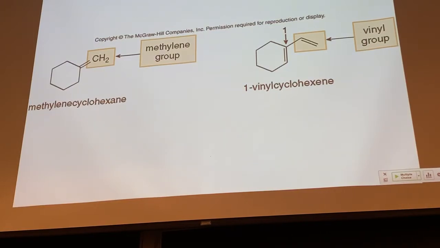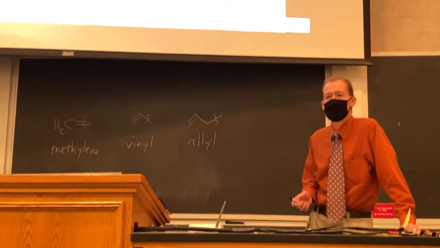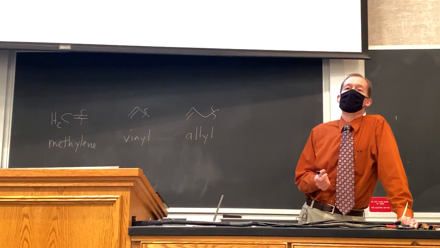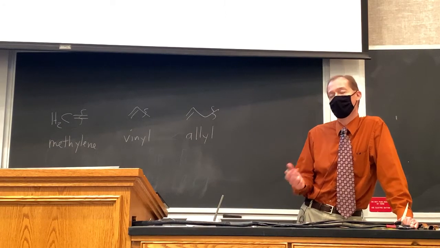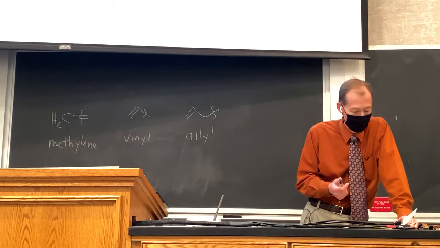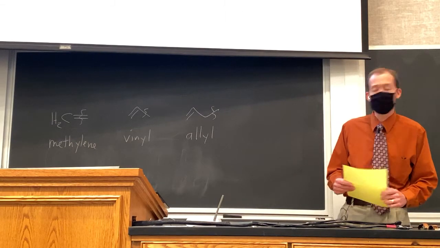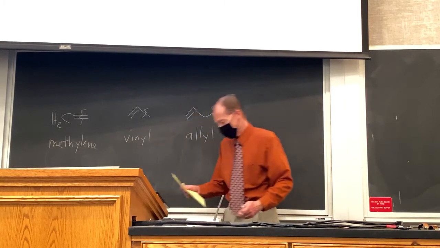Okay. Let's talk briefly about physical properties of alkenes. So they're quite similar to alkanes in that they are nonpolar, they're not soluble in water, they have low boiling points. But there is one key difference between alkenes and alkanes.